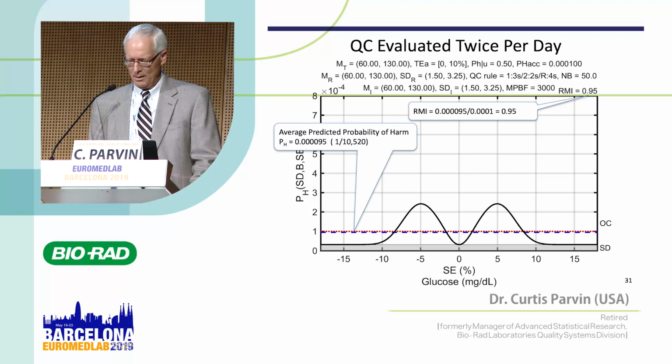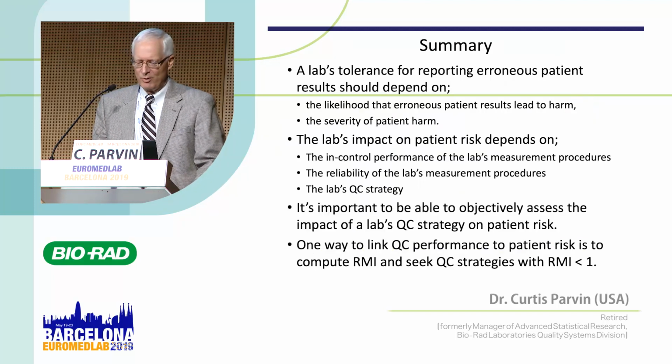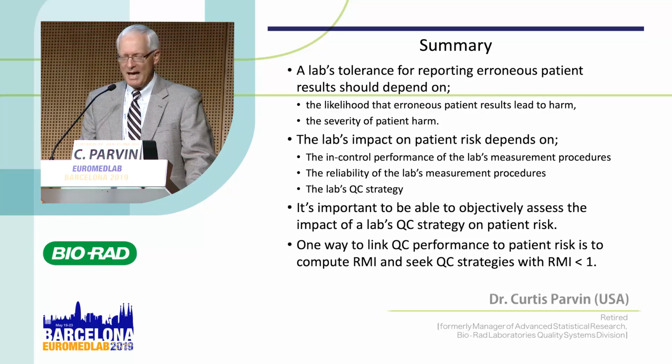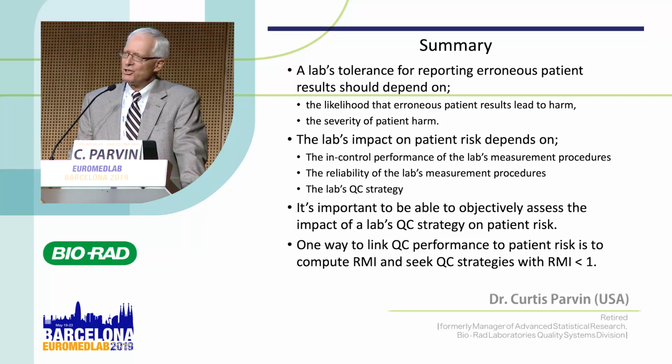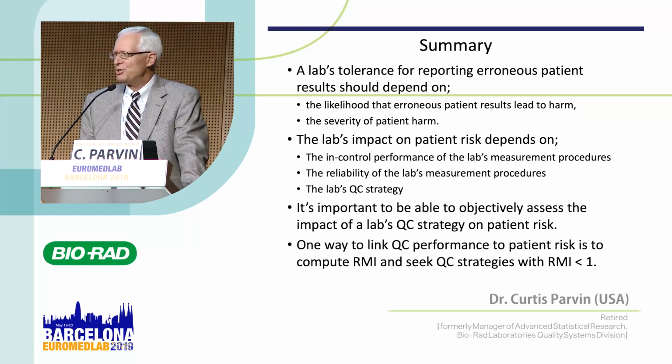Okay. So in summary, a lab's tolerance for reporting erroneous patient results should depend upon the likelihood that erroneous results lead to harm and the severity of the harm. The lab's impact on patient risk is going to depend upon the in-control performance of the lab's measurement procedures, the sigma metric, the reliability of the lab's measurement procedures, how often it fails, and the lab's QC strategy.